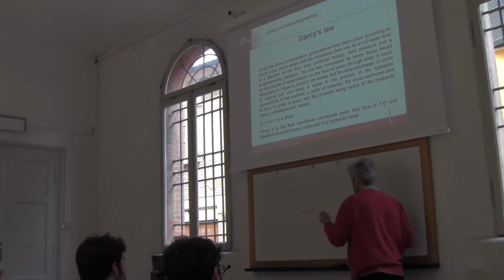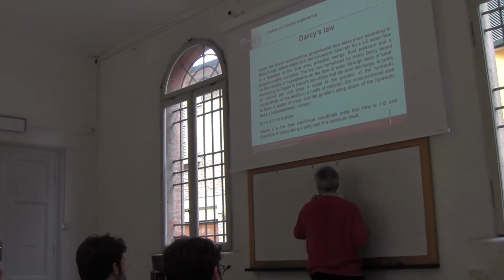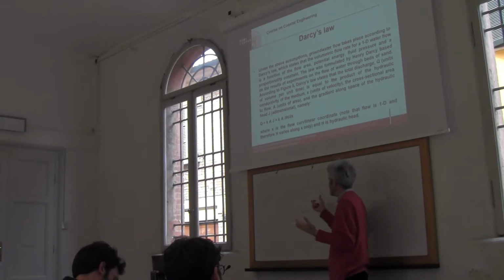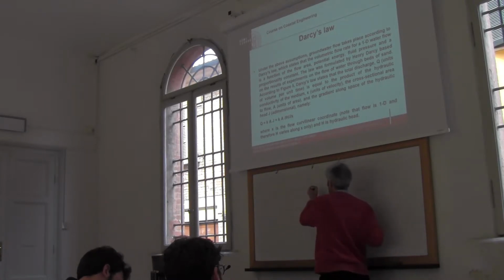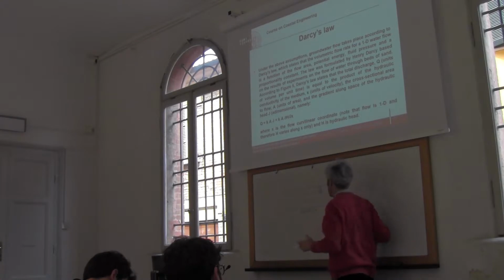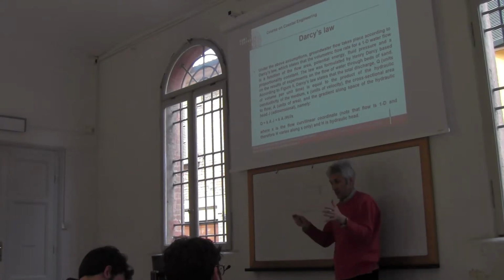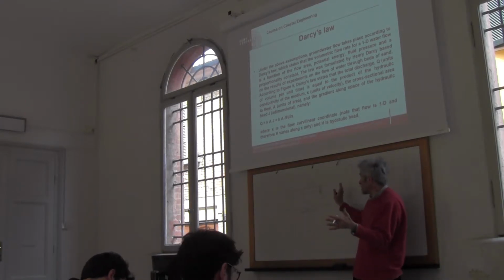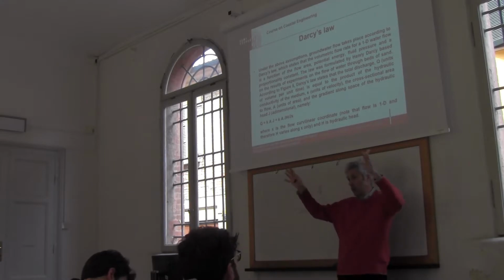So let's suppose that we have here a portion of aquifer that we decide to investigate, maybe because here we have a well, and therefore we isolate an area of the aquifer which we want to investigate, or maybe that we extend our area of interest to the whole aquifer.